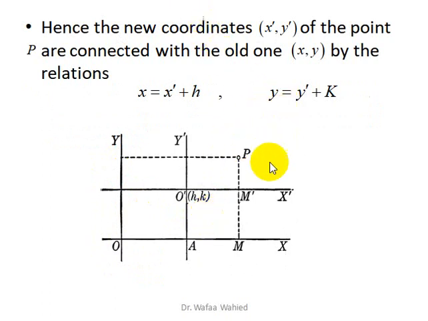Hence, the point B has two coordinates. The first coordinates are x and y with respect to the xy plane, and the second coordinates are x dash and y dash with respect to the x dash y dash plane.